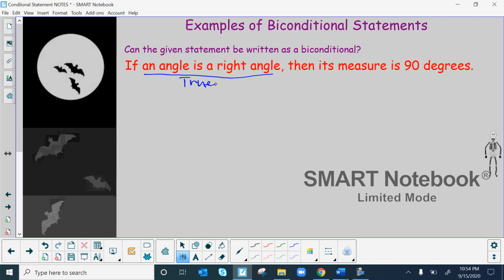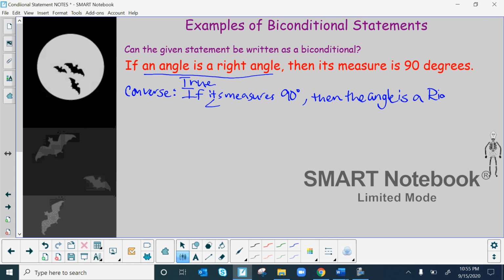Okay, well, it says you have to prove that the converse is true also. So let's write the converse out. If its angle measure is 90 degrees, then the angle is a right angle.